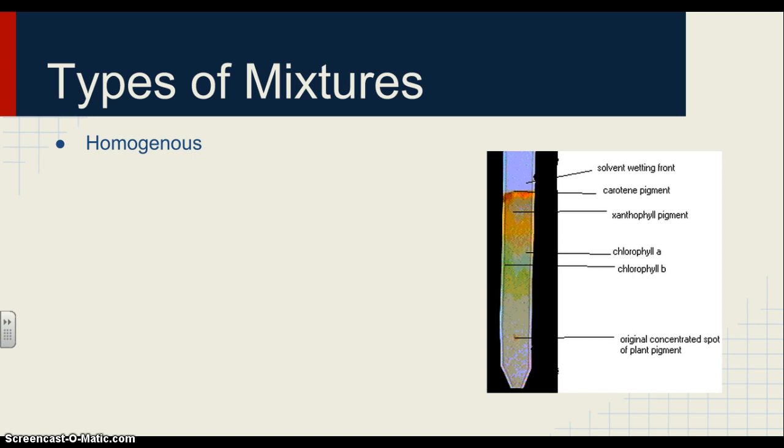So a mixture can be homogeneous, and homogeneous means it has uniform composition. You cannot tell that there's different things mixed in together just by looking, because it all looks the same. These are also known as solutions. Solutions are homogeneous mixtures.